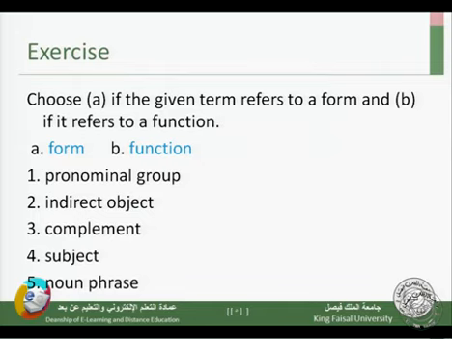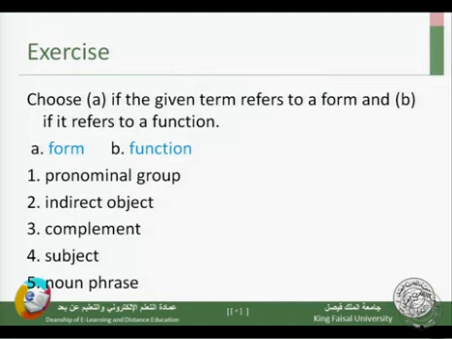So number two is a function, B. Number three, complement. We will discuss complements in a bit, but these are not one of the forms of word classes. It is a function that is done by a word or a phrase or a clause. We call this a complement. So complement is a function. For number three, the answer is B.